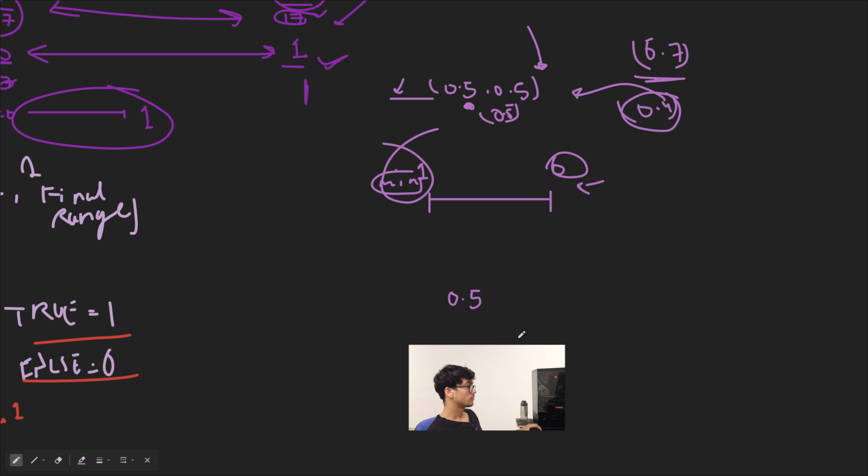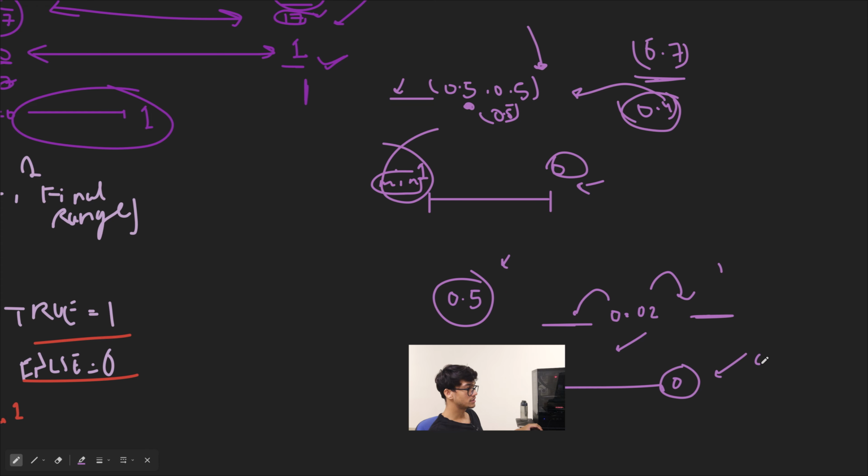So I will say this is the value that we are talking about, and the range is 0.02 here. And we are converting this range into 1 to 0. Where this 0.5 value exists, in the minimum side or in the maximum side? I will say it's in the maximum side, so the output value we will get will be 0.